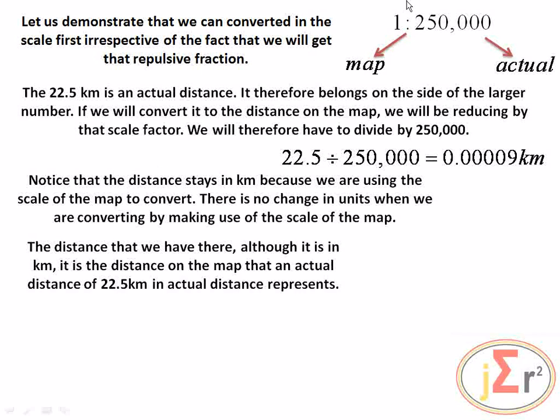So this is actually a distance on the map, although it is given in kilometers. And we should not be amazed that if a distance in kilometers is given on a map, it will be a very minute fraction. That is what we expect if we are about to write the distance on a map in kilometers.